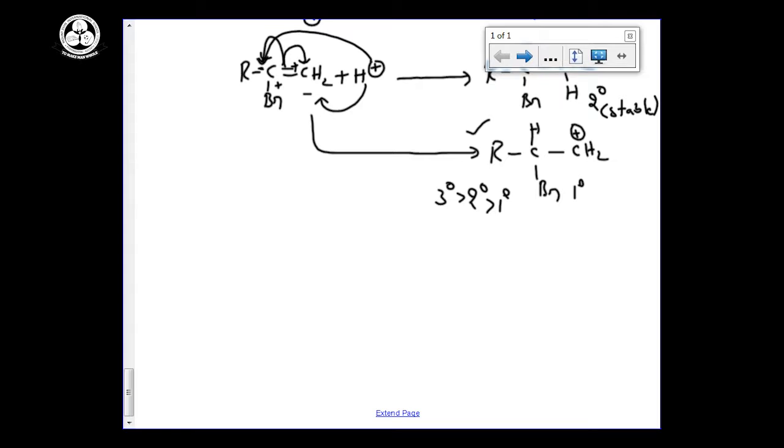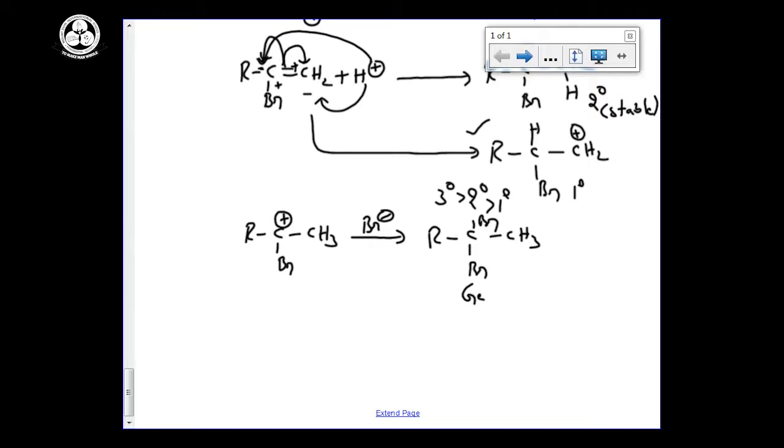For this I am taking the more stable product, that is RC, here Br, and this is CH3. This is plus. Now Br minus can attack, then we get the answer RC Br and CH3. So this is called a gem dihalide.